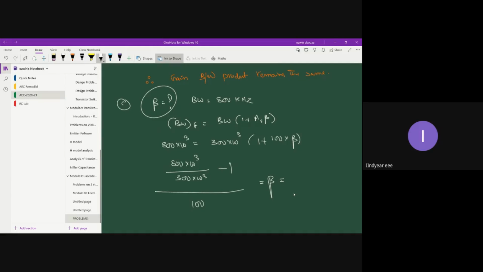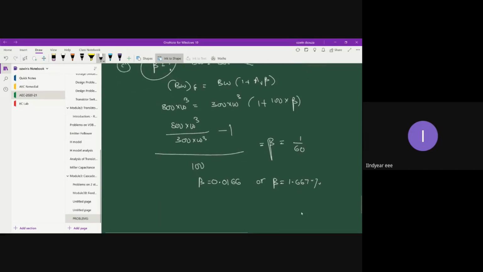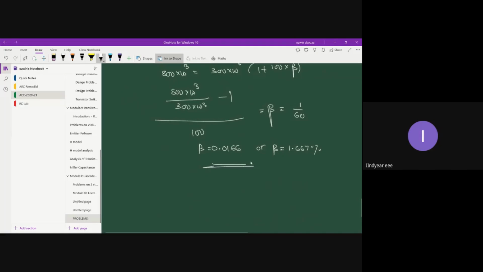You will get 1 by 60, right? So that is 1 by 60, or beta is equal to 0.0166. Or in terms of percentage, into 100 will give you 1.667%. So that's the feedback factor. Okay, all right, so that's your second problem.